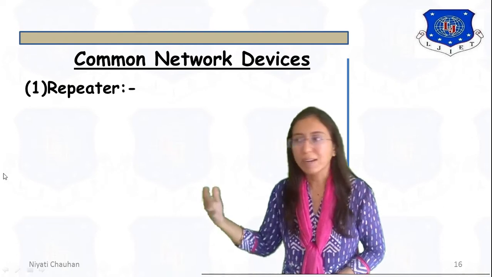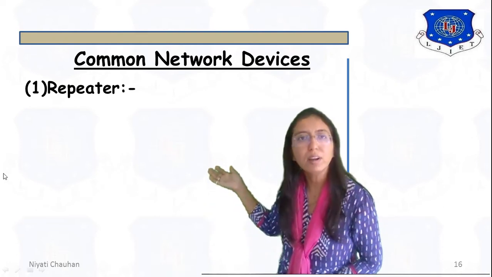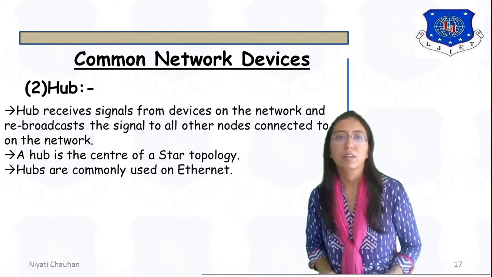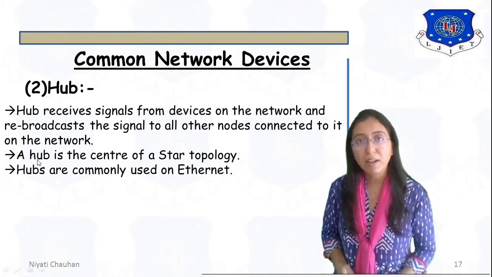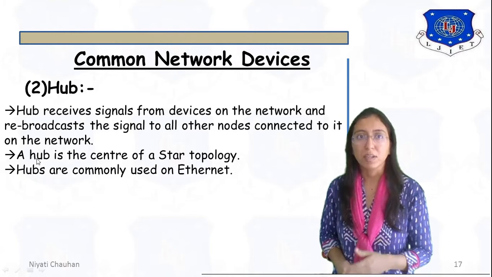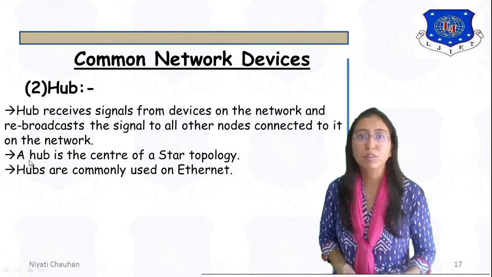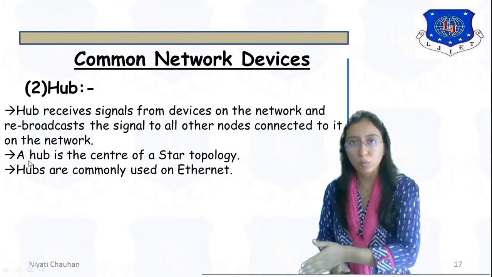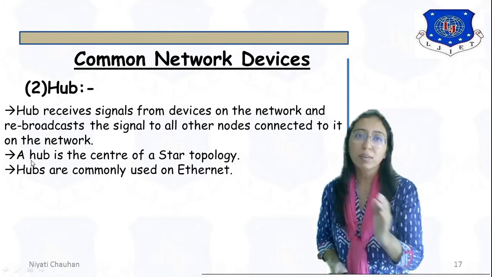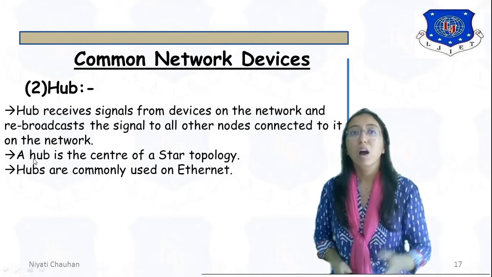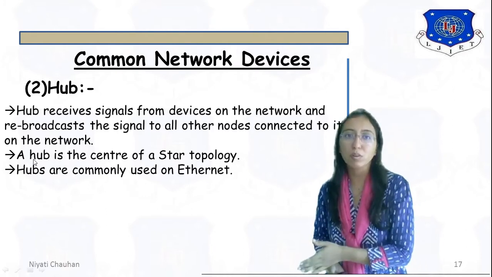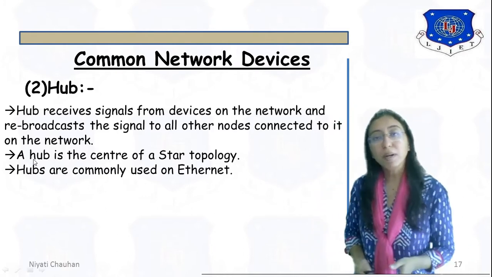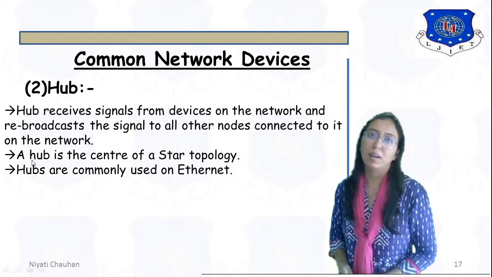That's why we are using a repeater here. A hub receives signal from devices on the network and rebroadcasts the signal to all other nodes connected to it on the network. A hub is the center of the star topology. Hubs are commonly used on Ethernet.